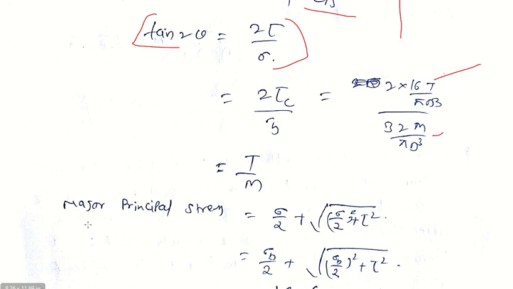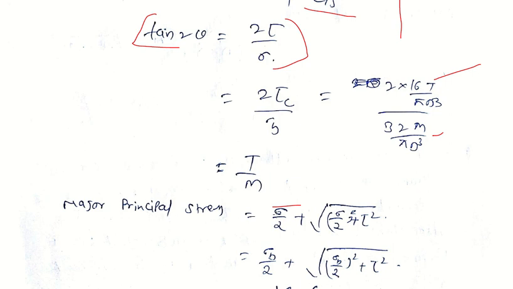Now for the principal stress, shear stress and bending stress are acting on it. Here the normal stress is unidirectional, and shear is acting on it.